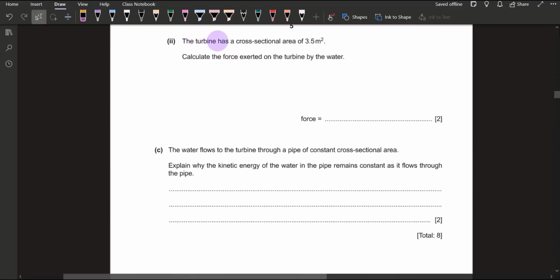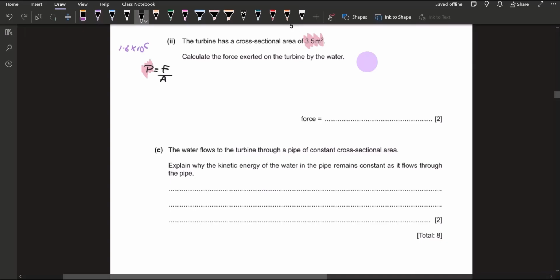Part 2 says the turbine has a cross-sectional area of 3.5 meters square. Calculate the force exerted on the turbine by the water. So we have the formula P equals F divided by A. We're given the area here, which is 3.5. We calculated the pressure in the previous question, which is 1.6 into 10 raised to the power 6, and we have to find F. So that's easy.